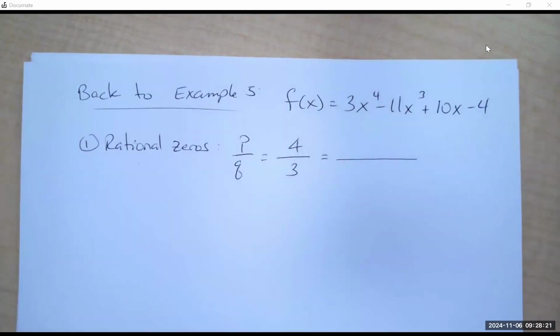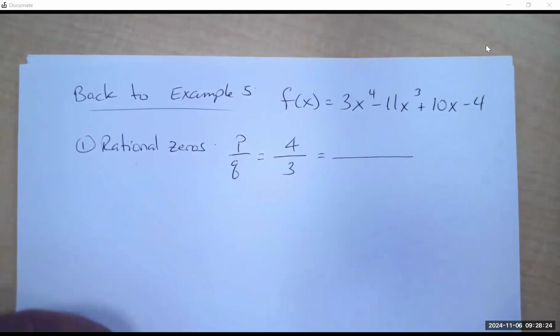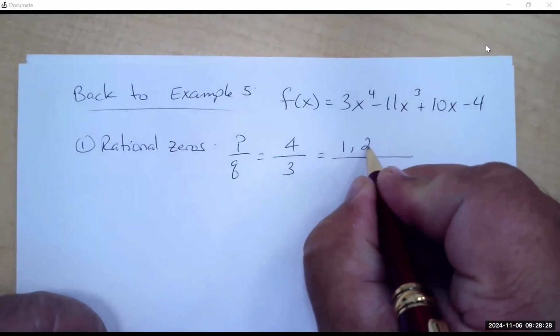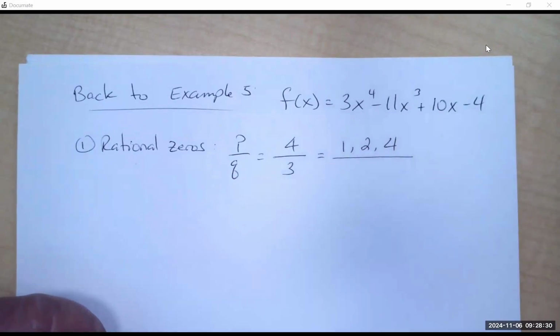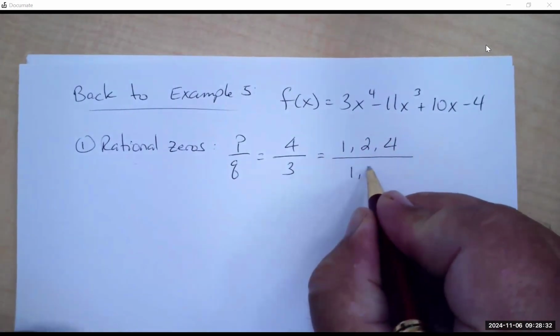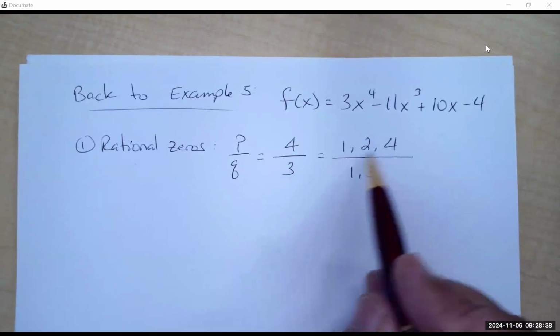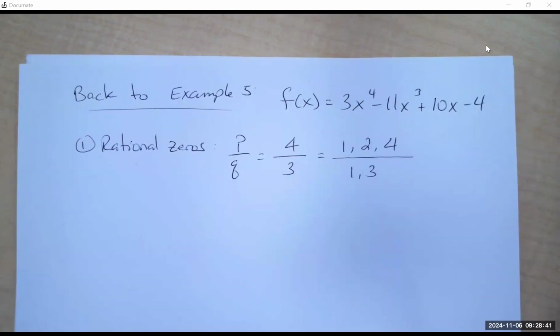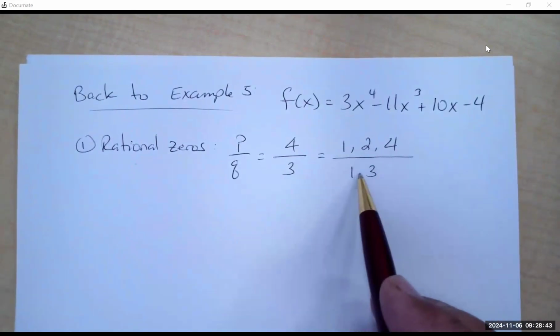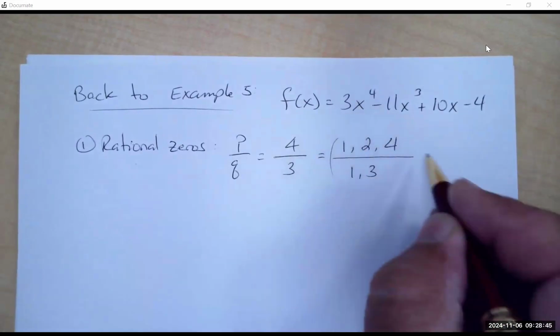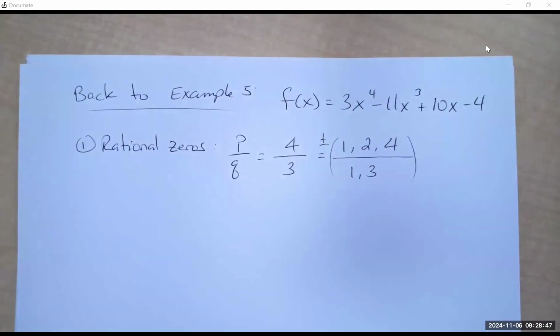So what are the factors of 4? 1, 2, and 4. What are the factors of 3? So by looking at this, we've just narrowed down from infinity to 6 possible answers, or 12 possible answers. Because there's 2 times 3 is 6. And then we got to look at the plus or minus of each one of them.